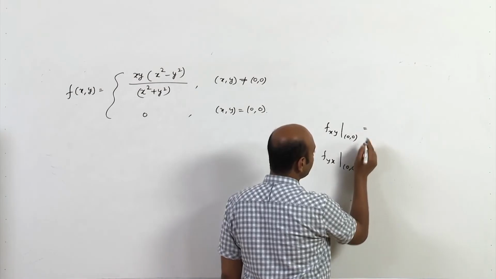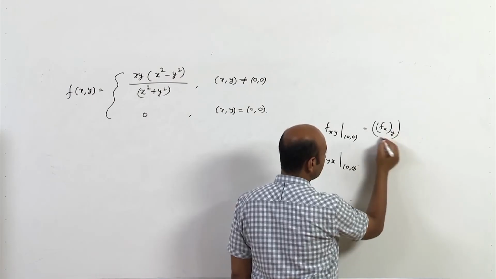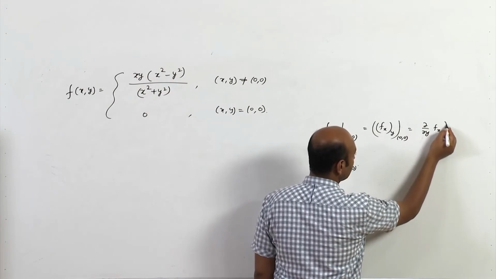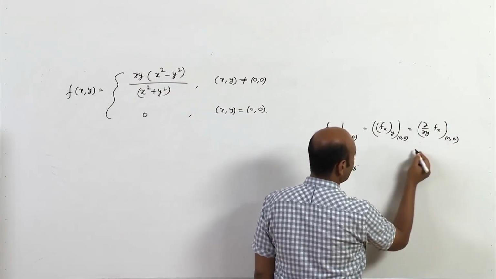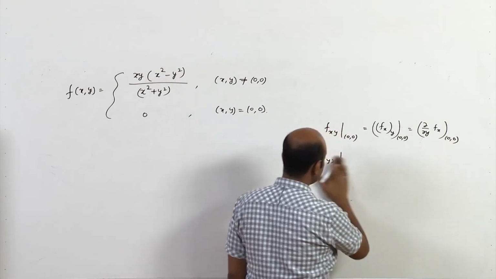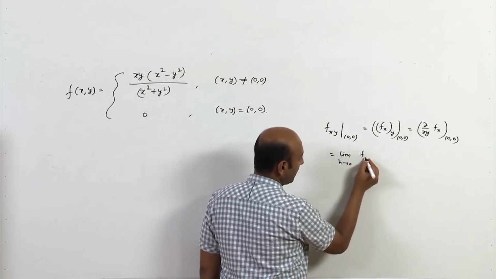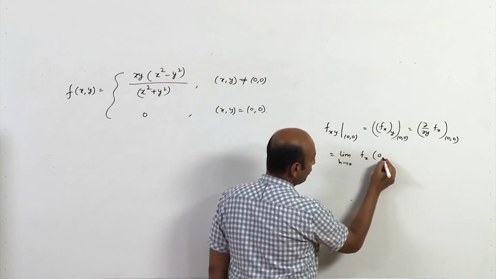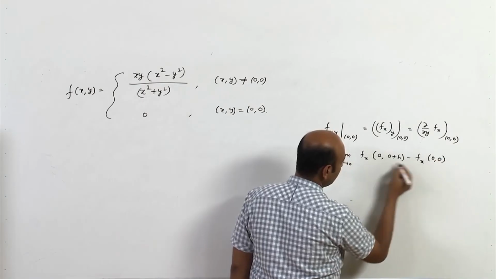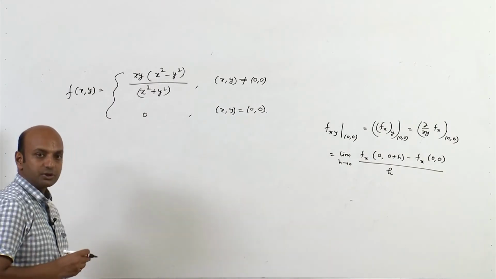It is f x y at the origin, that is del by del y of f x at the origin, and that is the limit h tending to 0 of f x at (0, h) minus f x at (0, 0) upon h. So, this is f x y at (0, 0).